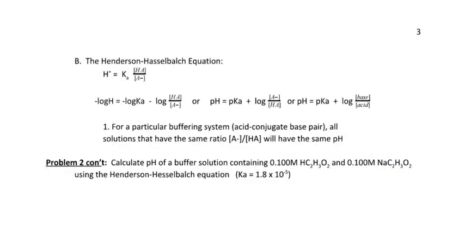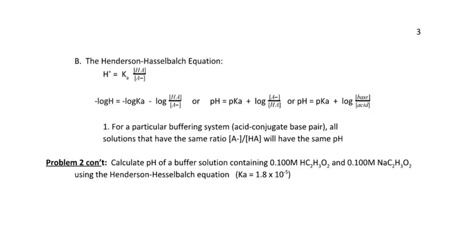All right, this equation that we're going to show you is called the Henderson-Hasselbalch equation. What a great name. I will probably abbreviate it as the HH equation. Now, if you check out your equation sheet, go to where it says equilibrium.